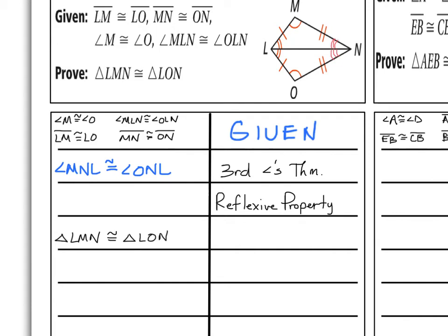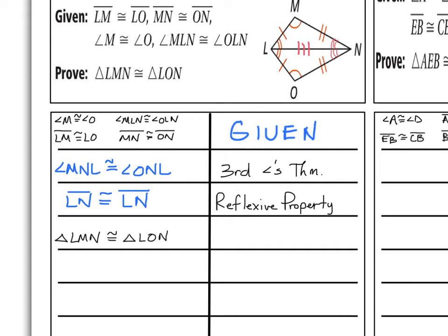So reflexive property, I'm going to say segment LN is congruent to segment LN. Remember, you have a mirror image. It's the exact same thing on both sides. And I'm going to mark this in the picture. Every time you put something down, always mark it in the picture.